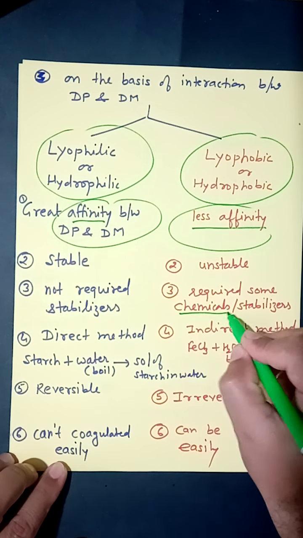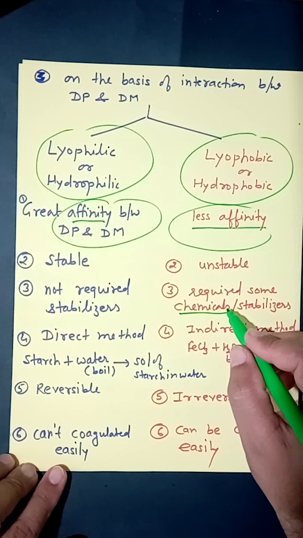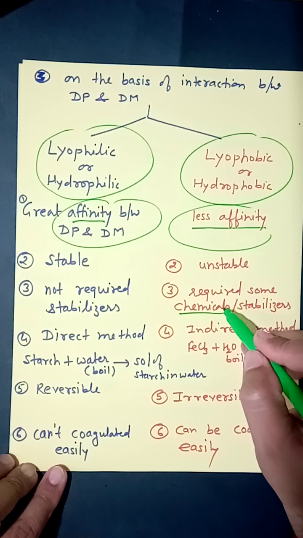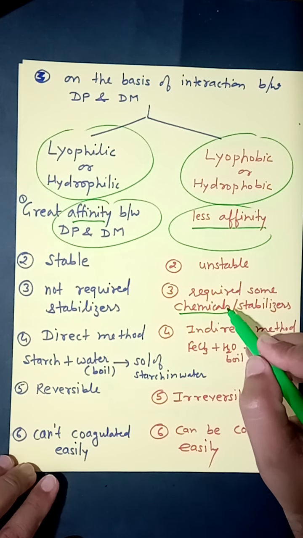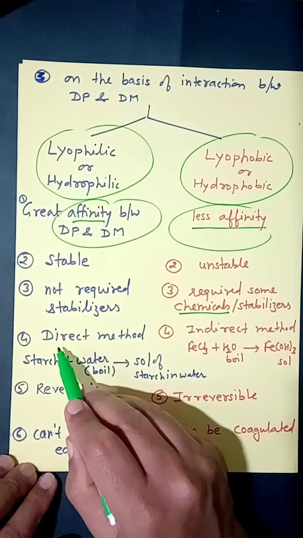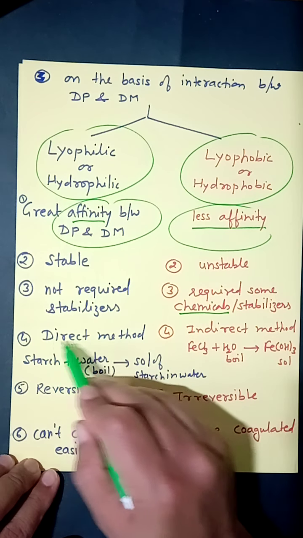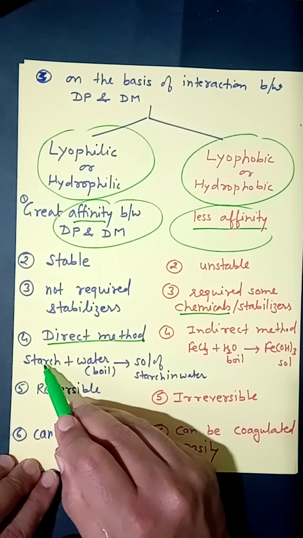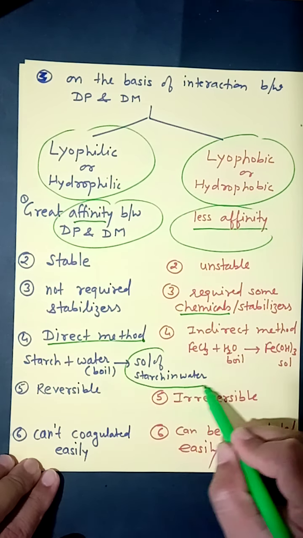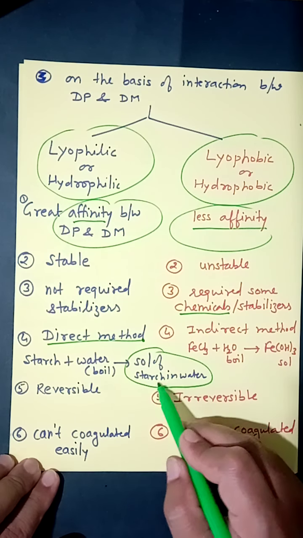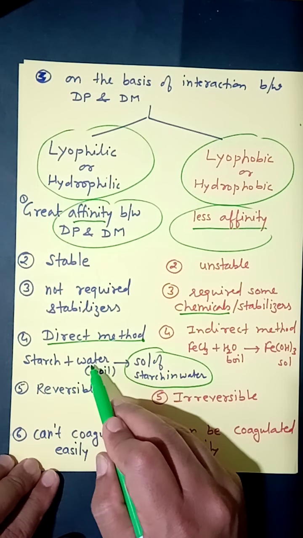How these chemicals stabilize them, we will discuss under the heading of preparation of colloid. But to prepare such type of colloid, we need to add some chemicals which act as stabilizers. Because they are stable, they can be prepared by direct method. Direct method means if you need to prepare a colloidal sol of starch in water, you can start the reaction with starch and water.